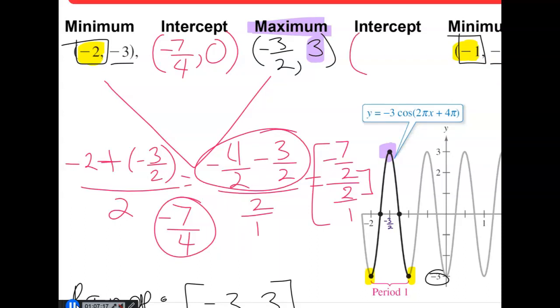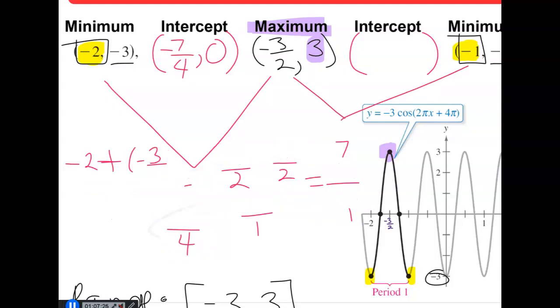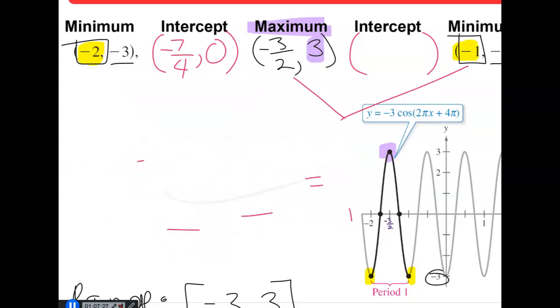Now let's find the other x-intercept. So we're going to take this x value with that x value. I'm going to make some more room here. And for that particular one, we will do -3/2 plus -1 and divide that by 2.